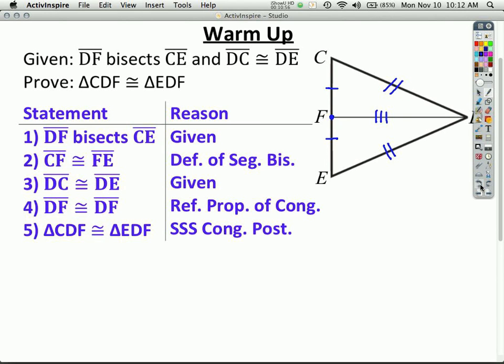So now look at the rubric. Give yourself a score based on the rubric. You have the rubric in your notebook as well. You don't need to look over here.